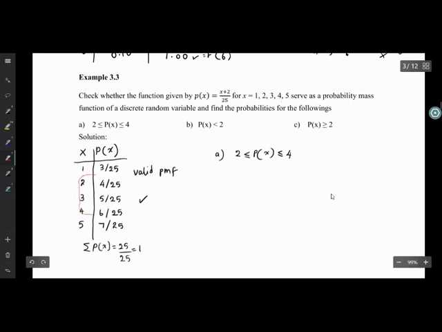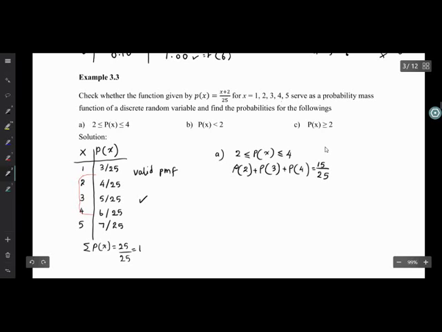Including 2 and 4. So you have to add these probabilities together, which will be the probability at 2, probability at 3, plus probability at 4, which will be 4 plus 5 plus 6, which is 15 over 25.